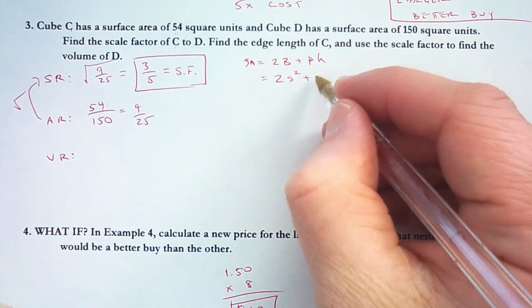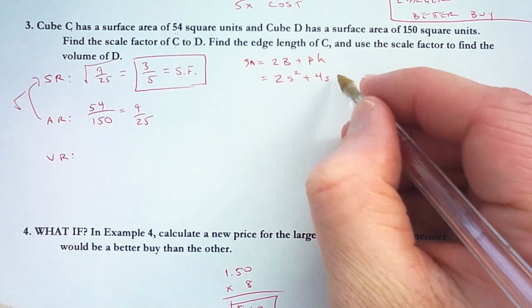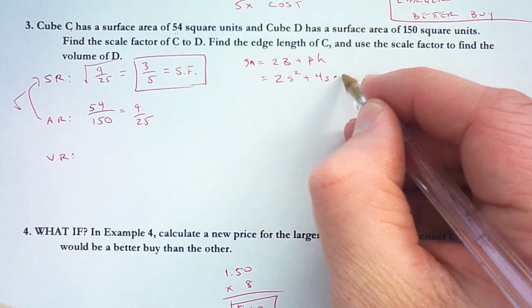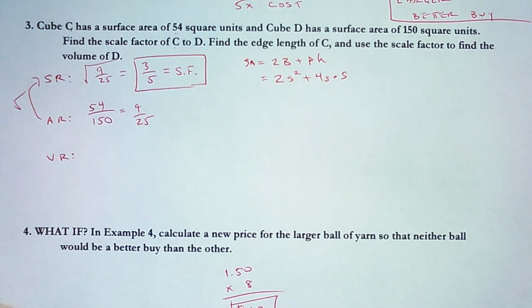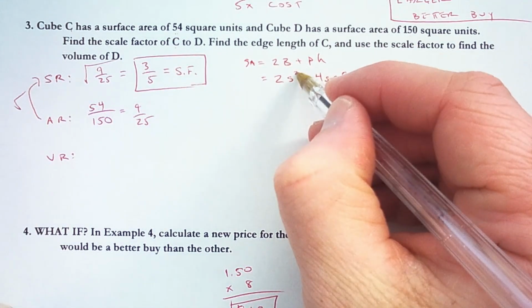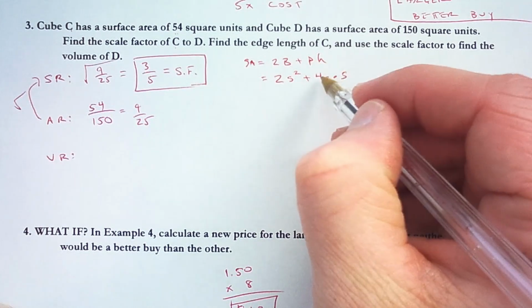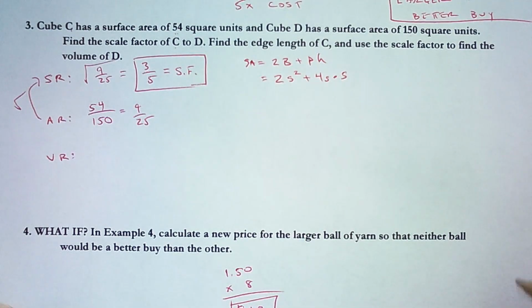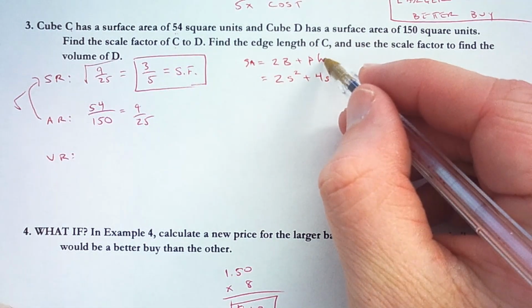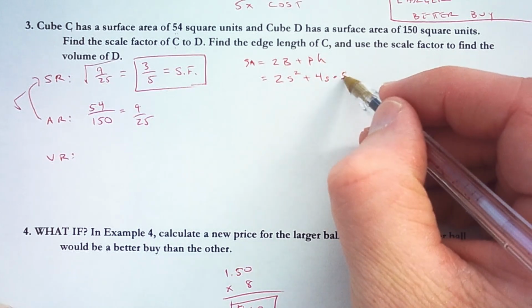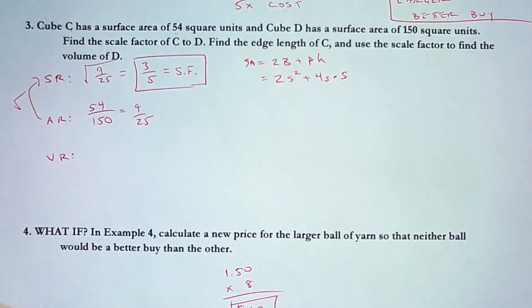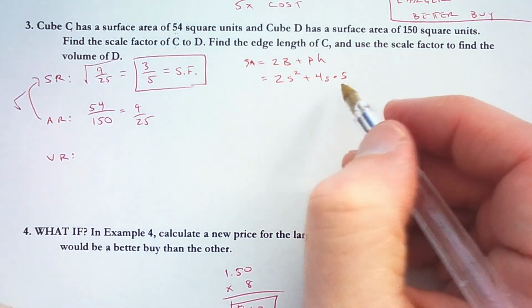If the base is a square, the perimeter is 4 times the side length. And then the height is exactly the same as the side length. So for area of the base, it's side squared. For perimeter, because it's a square, it's 4 times the side length. And because it's a cube, all the side lengths are the same, so the height is the same as everything else. So we'll just call that S also.